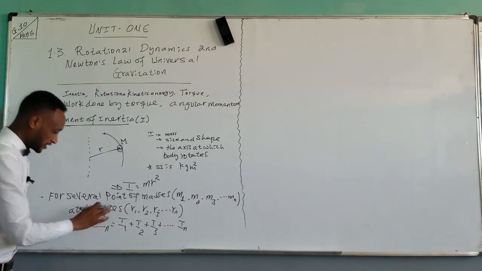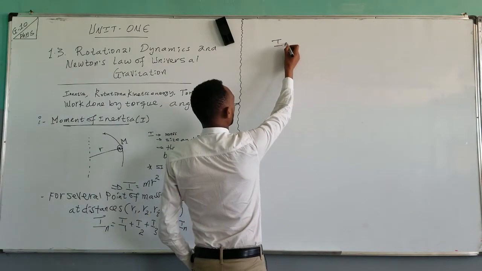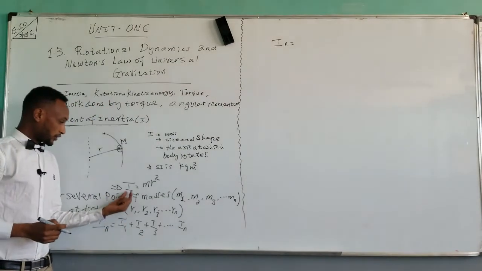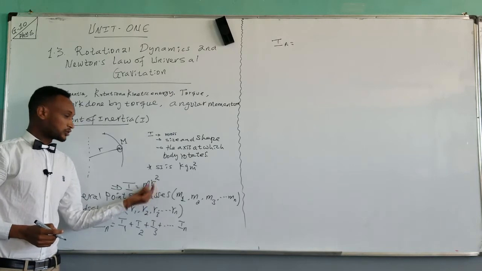You know that the moment of inertia of one point mass is mass times the distance at which it is rotated, squared.